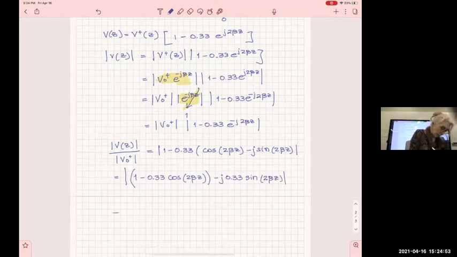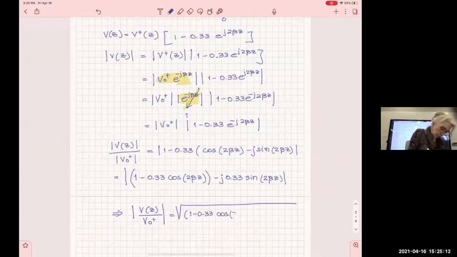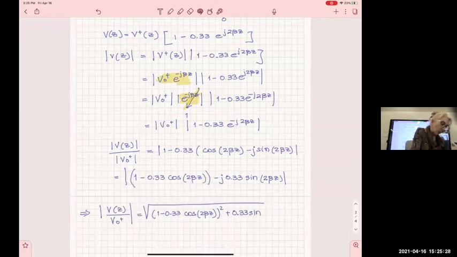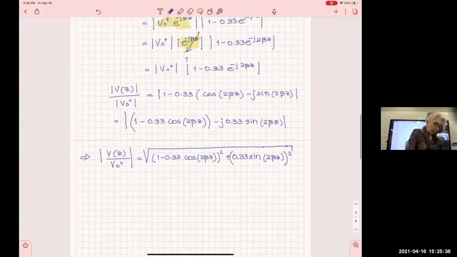All right, which in fact, we have that V of z over V naught plus of z is equal to the square root of 1 minus 0.33 cosine 2 beta z, all right, squared, plus 0.33 sine of 2 beta z, and that squared. Okay?